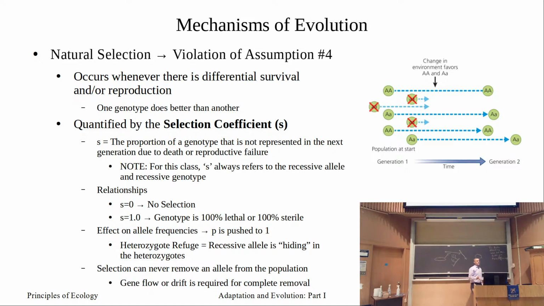So what is this selection coefficient? This coefficient tells us the proportion of a genotype that is not represented in the next generation due to death or reproductive failure. So I'll let you get that copied.